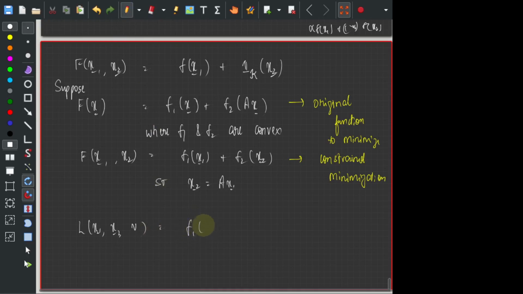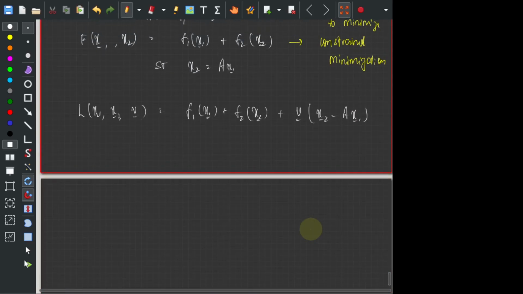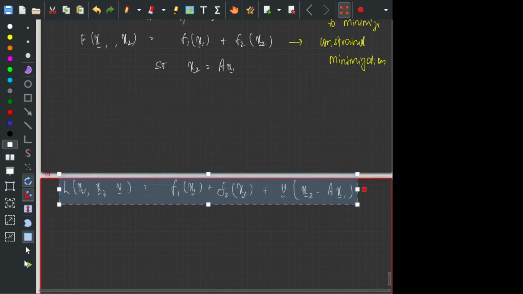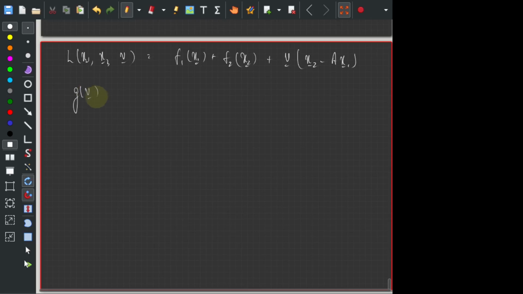This is equal to f1 of x1 plus f2 of x2 plus v times, let's say, x2 minus A times x1. This should be a vector. So what is g of v going to be?